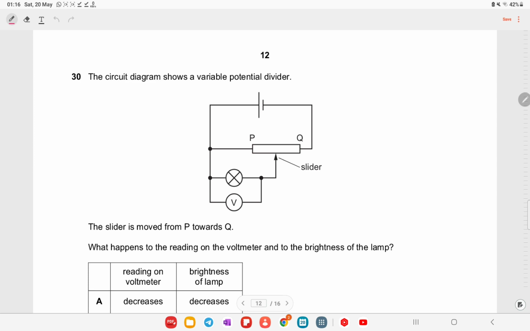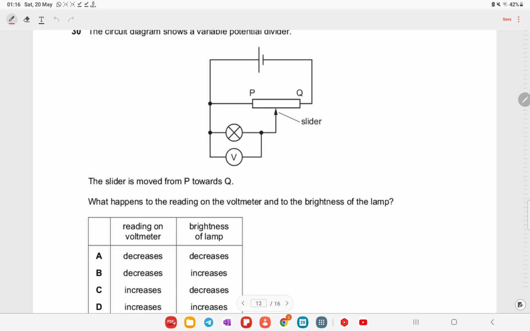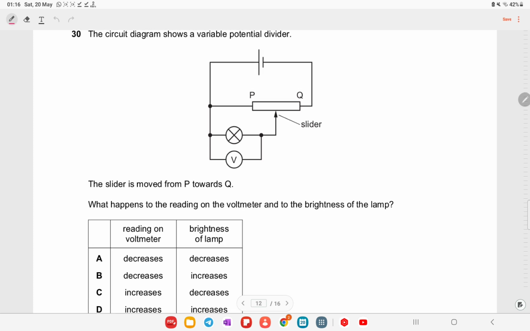Okay, the circuit diagram shows a variable potential divider. The slider is moved from P towards Q. What happens to the reading on the voltmeter and the brightness of the lamp?